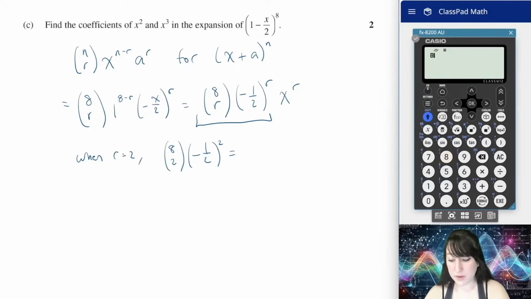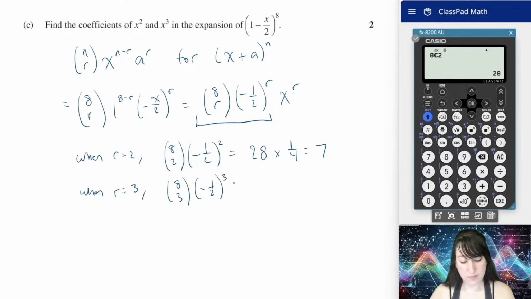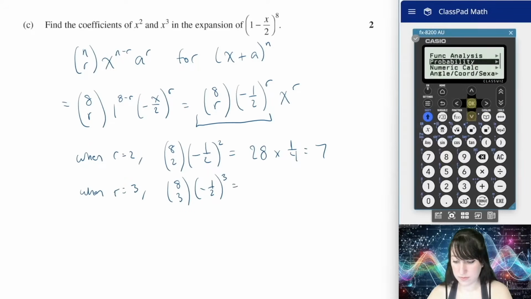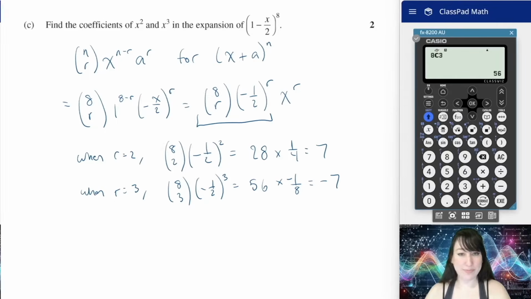In this calculator, you can go to the catalog, go to probability, and choose the combination button. So the coefficient would be 7 when r is 2, and negative 7 when r is 3.